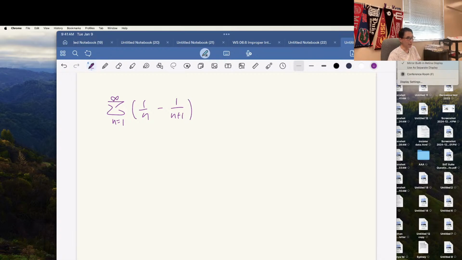Now this one is not tested often on the AP exam, but it is called a telescoping series. You might ask, what is telescoping?